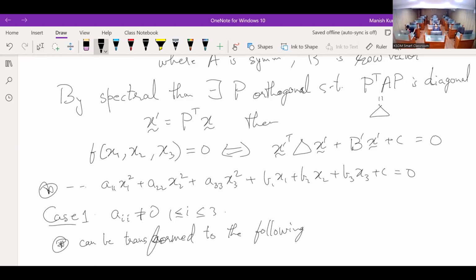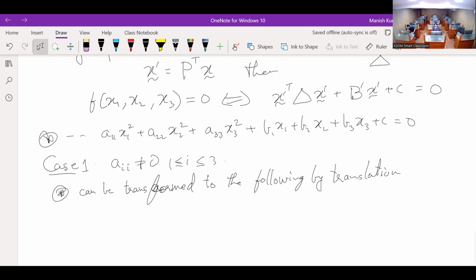By translation, it becomes A11 x1 squared plus A22 x2 squared plus A33 x3 squared equals C. If C happens to be 0, then it will be something degenerate.